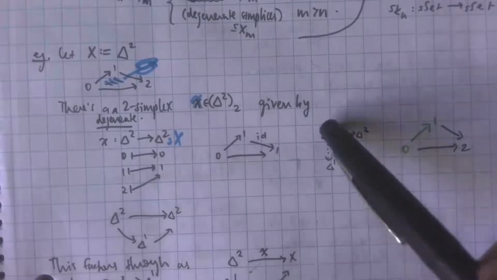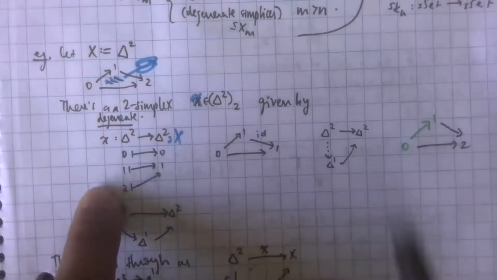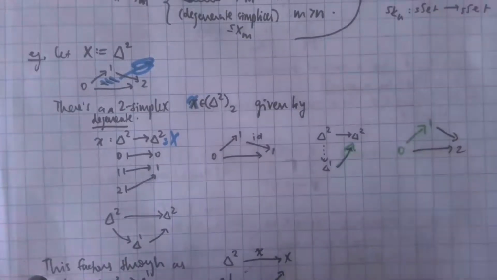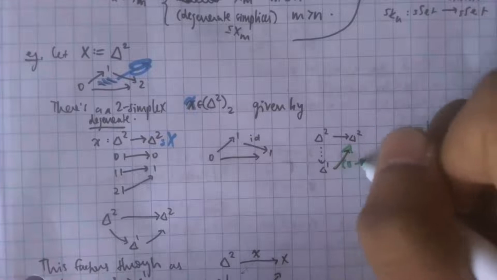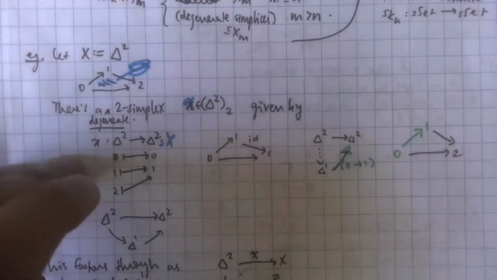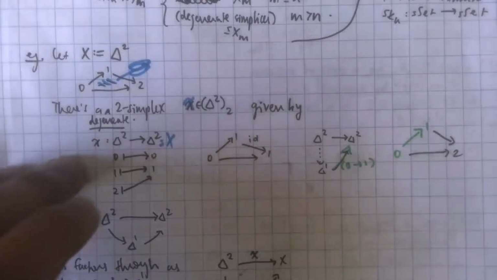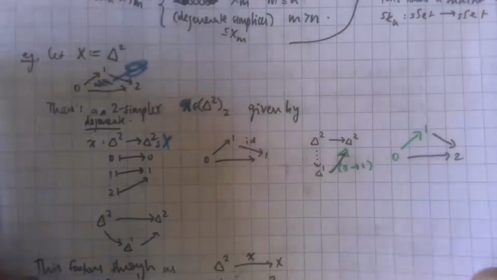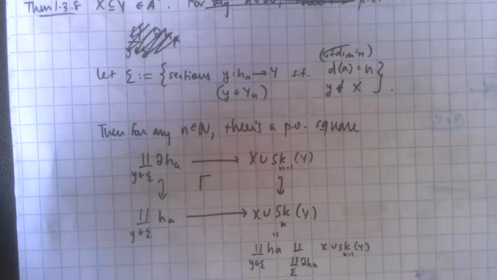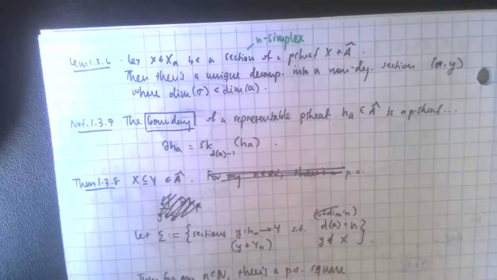Okay, so another way of thinking about this is that this guy factors through this edge, the edge 0 to 1, which is what I said here. Now, let X be a section of such a presheaf.